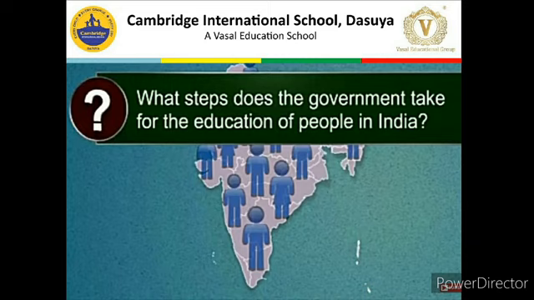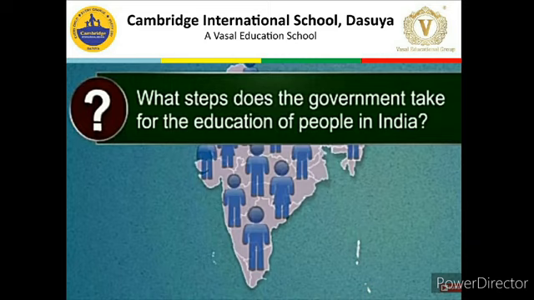If we talk about the government expenditure incurred on the educational sector, the expenditure on education as a percentage of GDP rose from 0.64% in 1951 to 3.3% in 2013-14. But in spite of these crucial steps taken by the government, 100% literacy rate cannot be achieved in India.